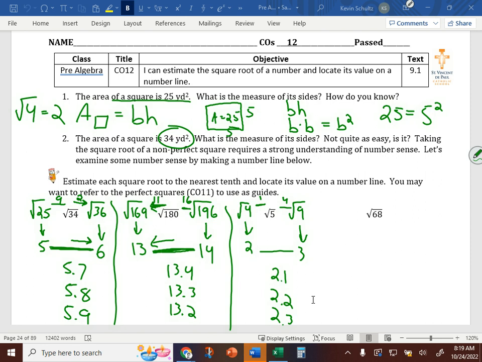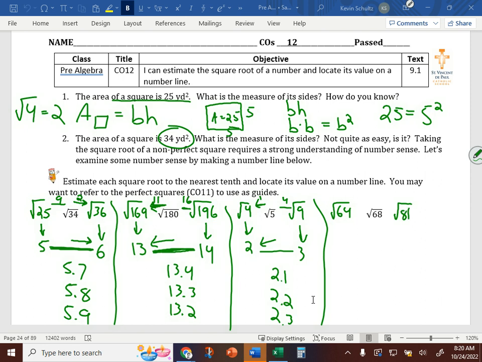Root 68. Try this one on your own. Even if you don't have these notes and weren't here on Tuesday, here are the perfect squares you're working with.